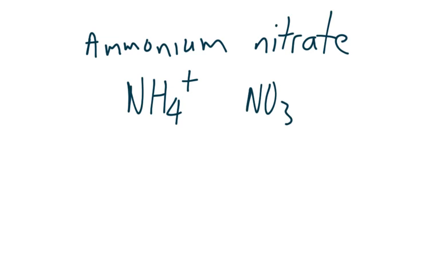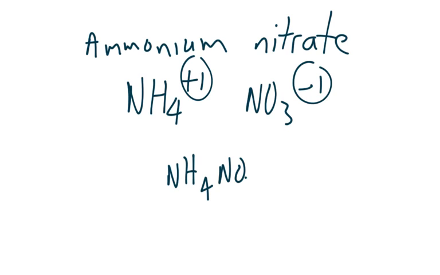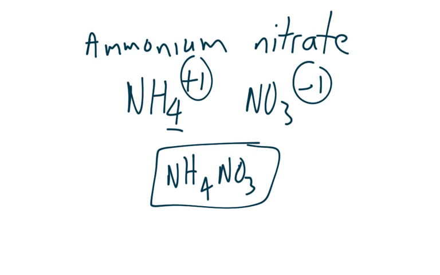Nitrate is NO3 -1. So if you have a +1 and a -1, the ones are going to cancel. And you just group these two together. And here you have ammonium nitrate. Remember, these numbers do not get touched. I've been circling what you crisscross from the beginning to avoid any confusion. So that's ammonium nitrate.